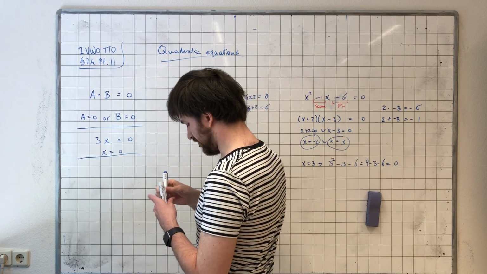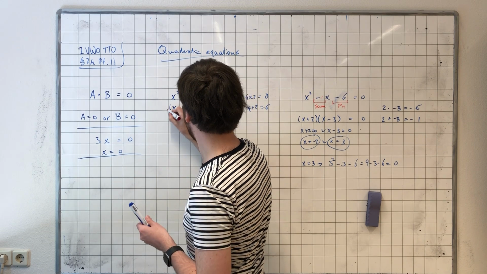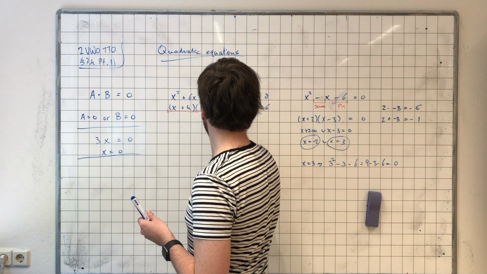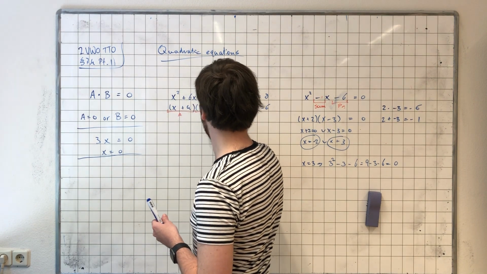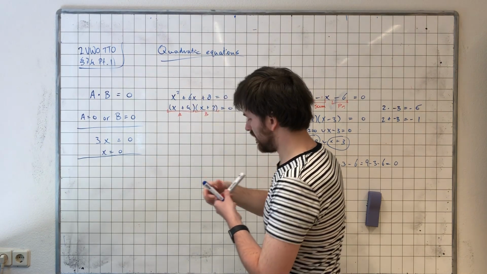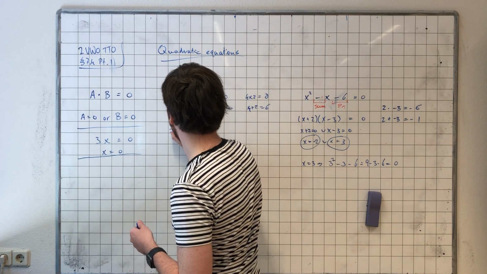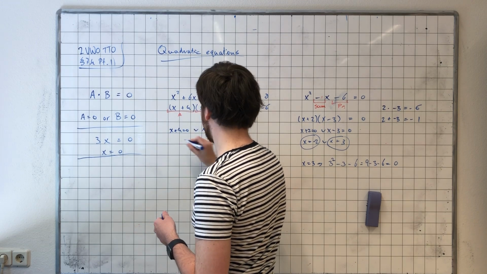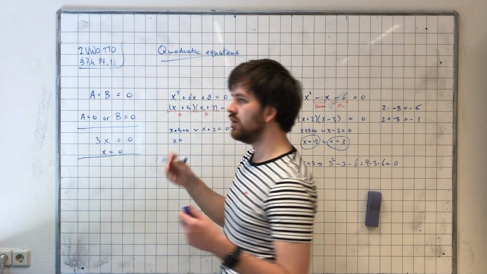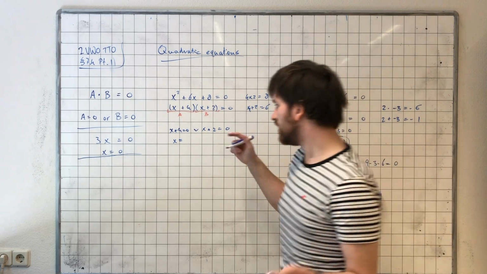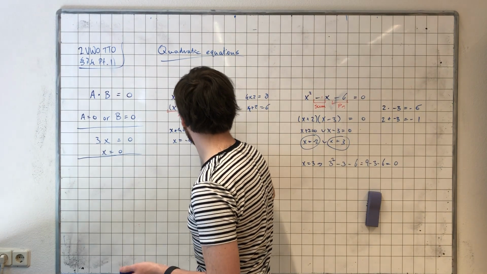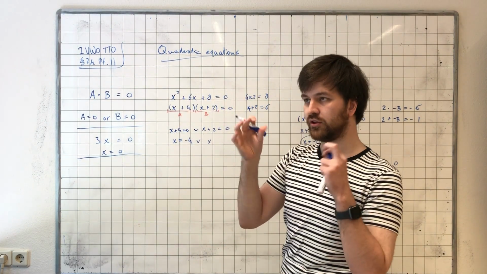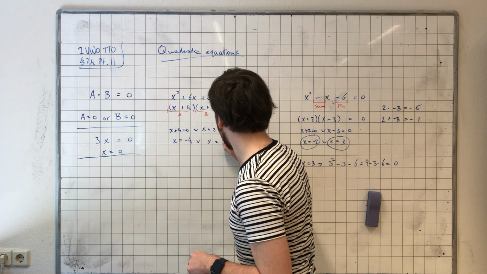Then we have once again two parts. The first part and the second part. So this is your A and this is your B. So either x plus 4 is 0 or x plus 2 is 0. So x is equal to minus 4, since something plus 4 is 0, or something plus 2 is 0, then x has to be minus 2.